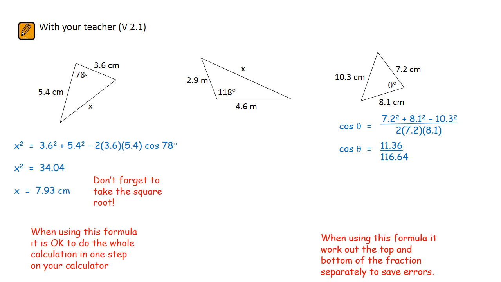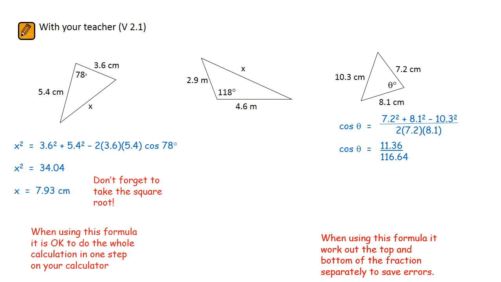This question involves some tricky order of operation steps. Unless you have your wits about you, you are bound to make a mistake. The only other way you could possibly do it is to put the whole top line in brackets and the whole bottom line in brackets, and that could save you from error. But I recommend the best way is to do the top line, write it down, do the bottom line, write it down, and then evaluate it.